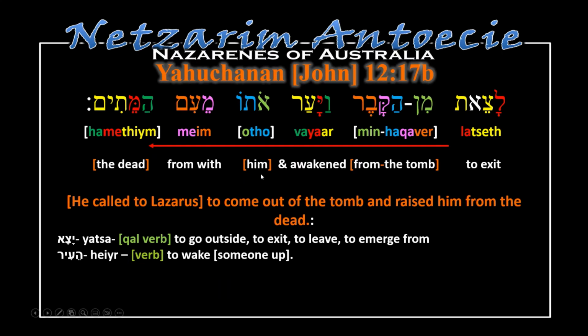Oto, meaning him. Me'im, which literally means from with, from being with. Ha-metim, the dead. And that's a plural form of the dead. So he called to Lazarus to come out of the tomb and raised him from the dead.